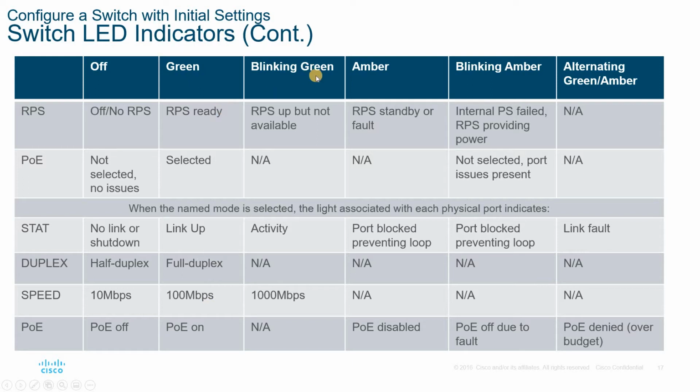Kapag blinking green siya, it indicates sometimes an activity. Pag amber, lalo kapag naka-STP ka, minsan may port block status that prevents loops. We're gonna talk about more of that pag nandun na tayo sa latter modules.